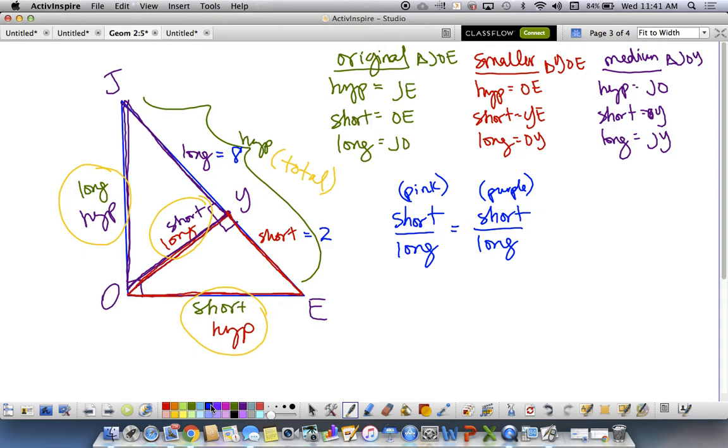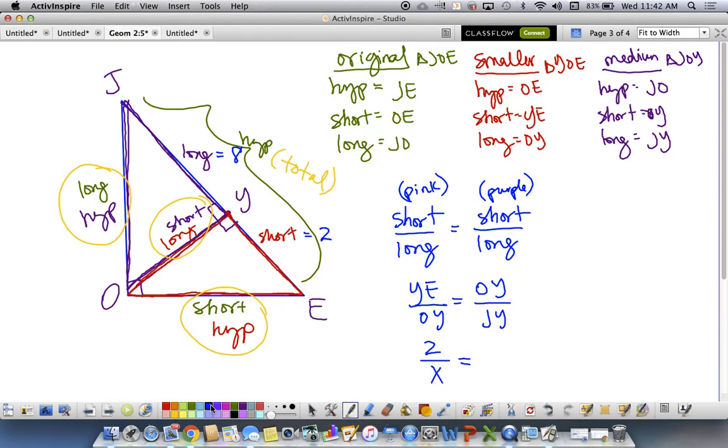Could I say YE is to OY, as this short, OY, is to JY? What pieces do I have? Do I have YE? I just gave you, it was 2. Do I know OY? No, we don't.